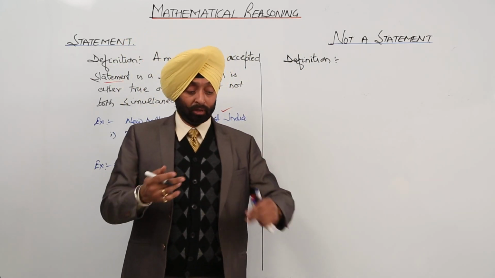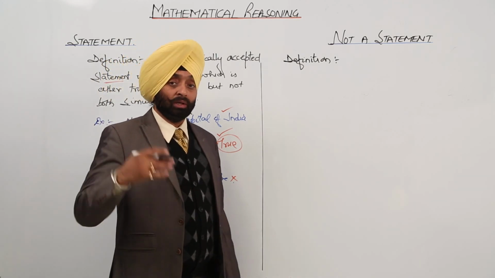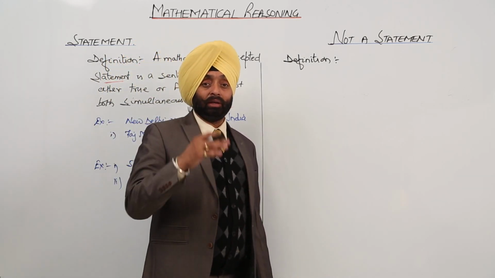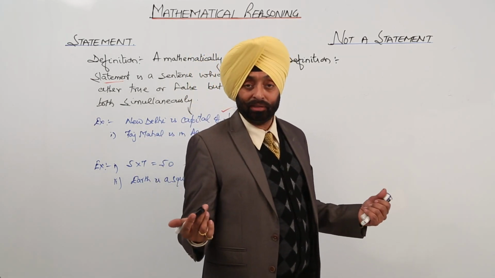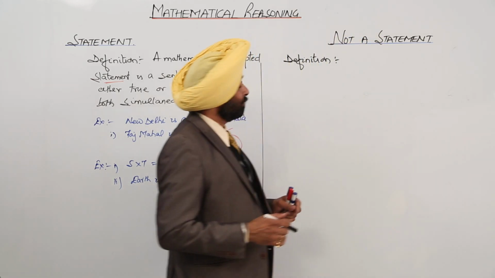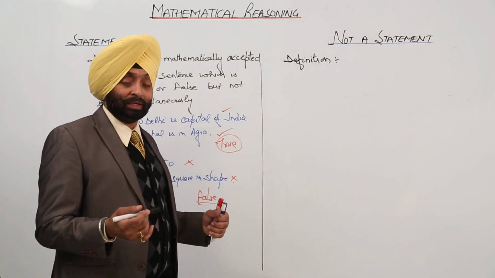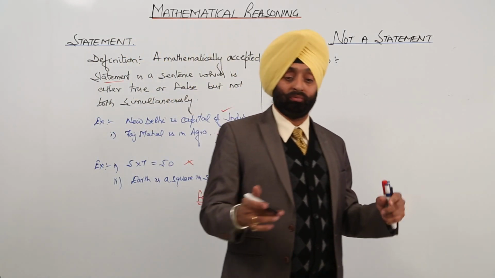It normally happens because whenever you are going to a bank to deposit an amount, out of 100, 90 people will ask you, is today this date? Okay, so that's human psychology. So not a statement is what? When you can't say whether the sentence is true or false.